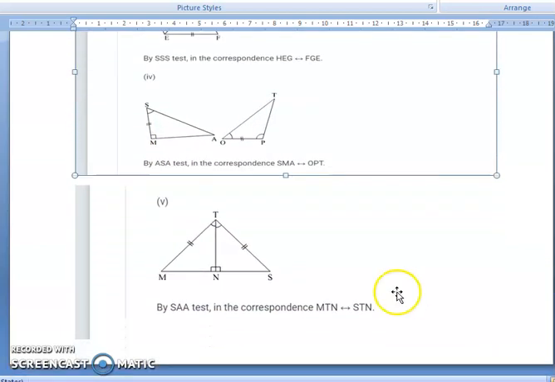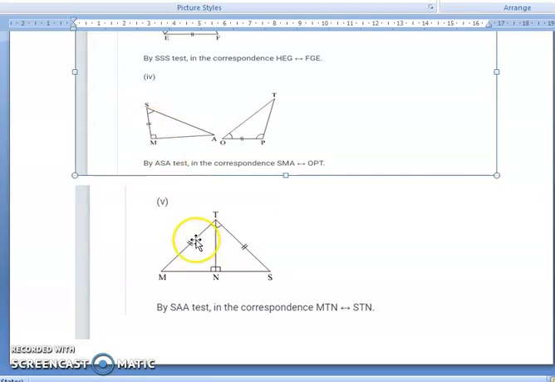Now the fifth problem. The two triangles are shown here, and by observation these are 90-degree angles, and the side opposite the 90-degree angle is the hypotenuse. But here this angle is also shown congruent to this angle. So we have two angles and one side. The side is not included between these two angles. Like here, the side is included between the two angles, so it is angle, side, angle.